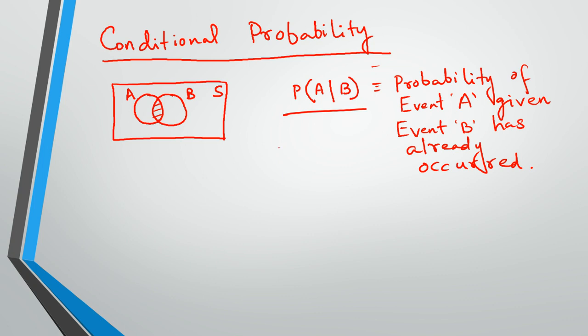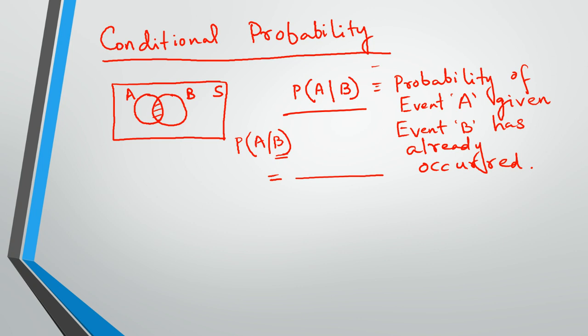Now let's keep our common sense open here. We are saying probability of A given B. That means basically B is the sample space in this case, right? Because we are saying B is there, what is the probability of A?